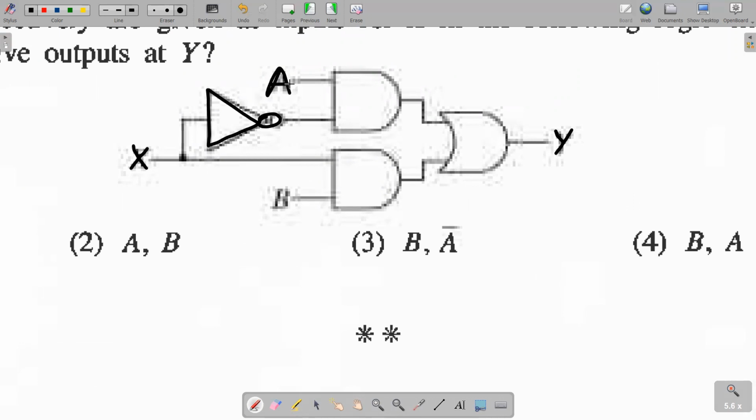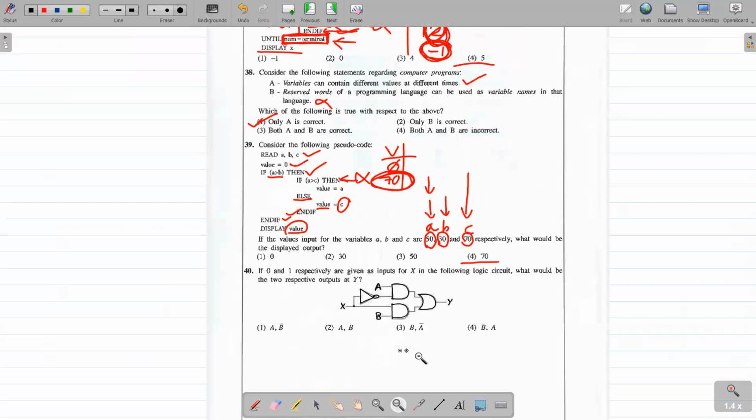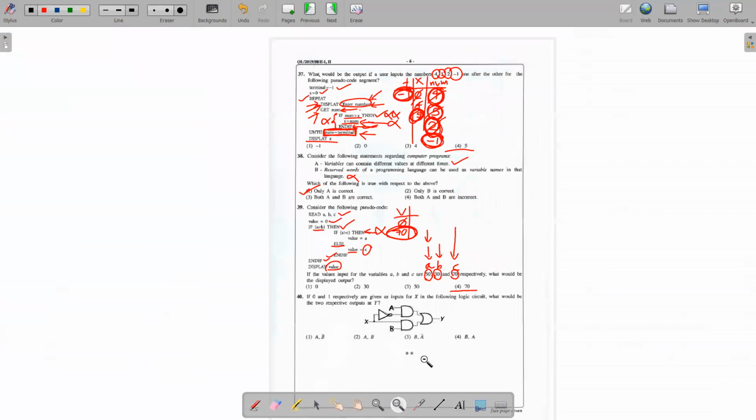This gives you A and this gives you B. Right? This is an AND gate. This is another AND gate. This is an OR gate.